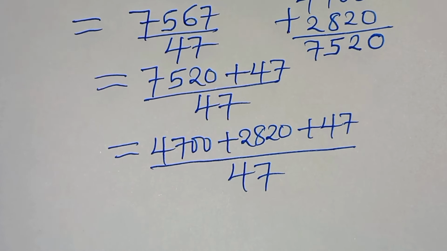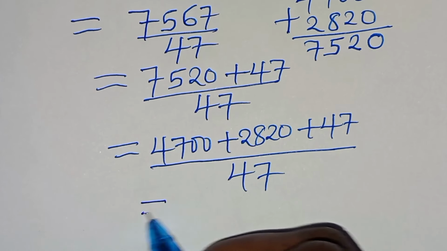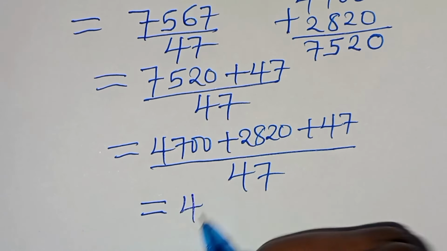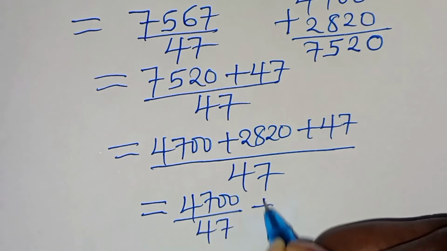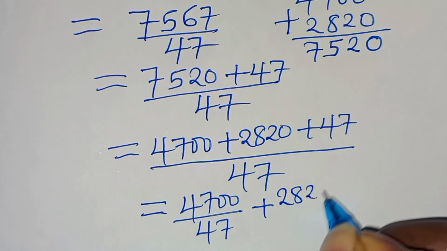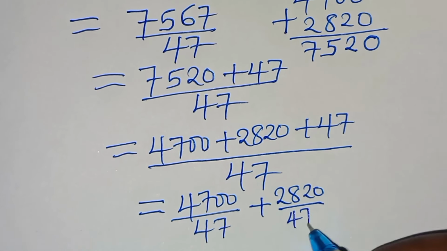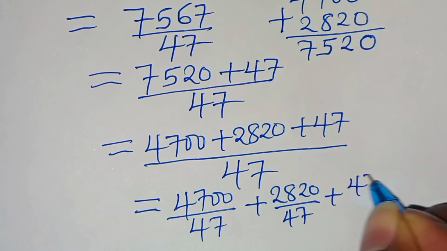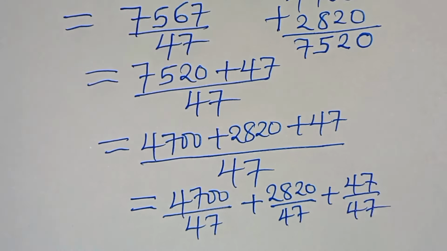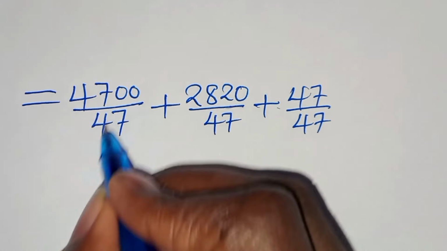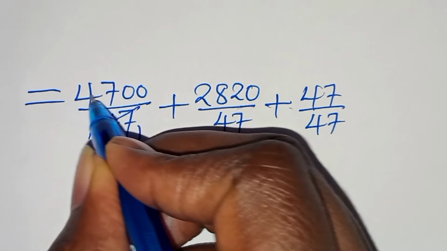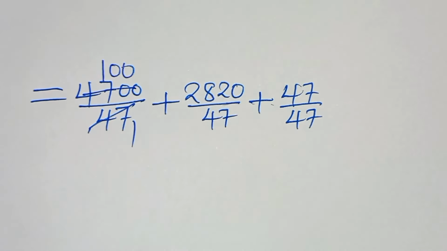So that now here we have 4700 divided by 47, then plus 2820 divided by 47, then plus 47 divided by 47. Now we have 4700 divided by 47, this is 100.